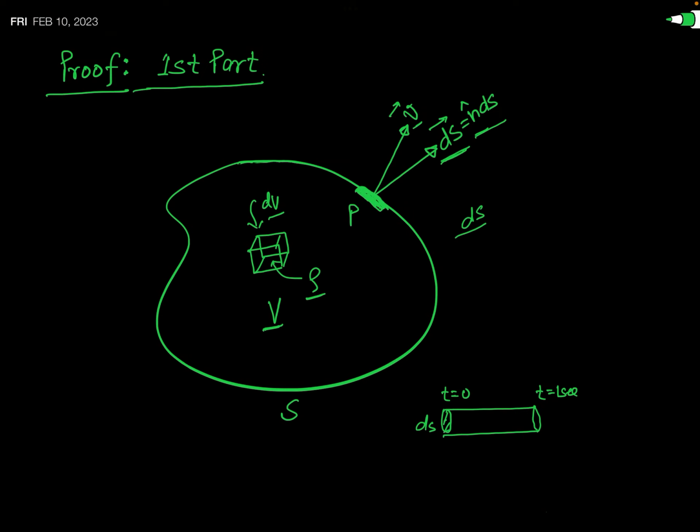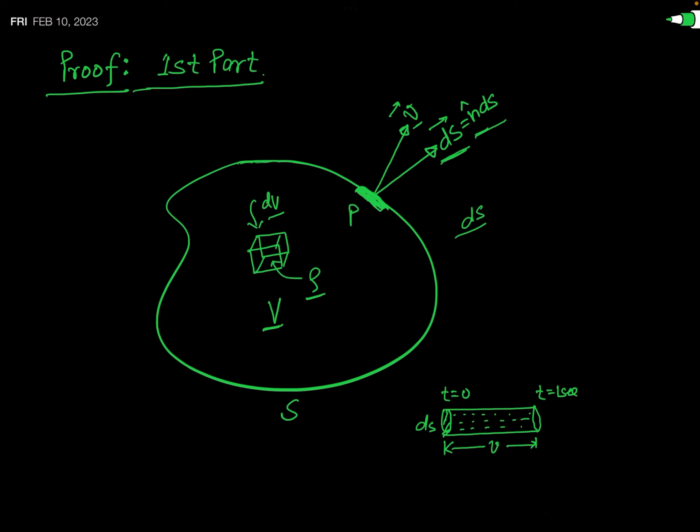So the number of phase points crossing through area dS in 1 second will be equal to what? That will be simply equal to the number of phase points contained in this cylinder, which has a cross-sectional area of dS and length equal to the distance described by the phase point in 1 second. As you know that the velocity of the phase point is v, so the distance described by this phase point in 1 second will be simply equal to v.